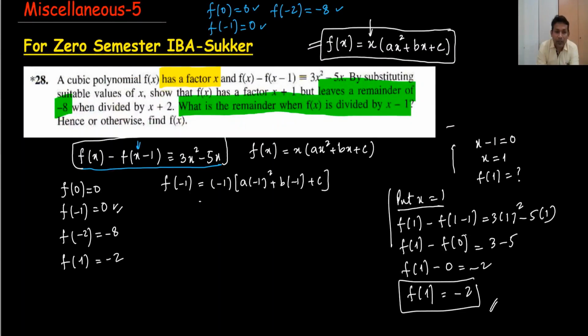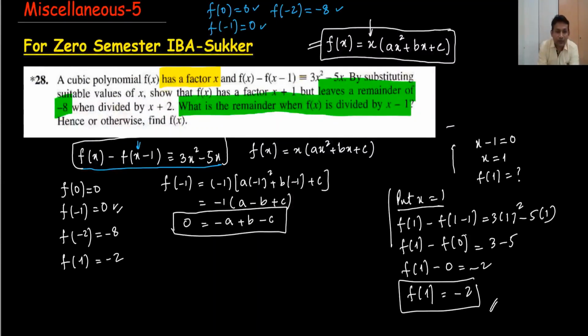When we simplify this, it comes a minus b plus c. So it's coming finally minus a plus b minus c, and f of minus 1 is equal to 0. So this is your first equation.